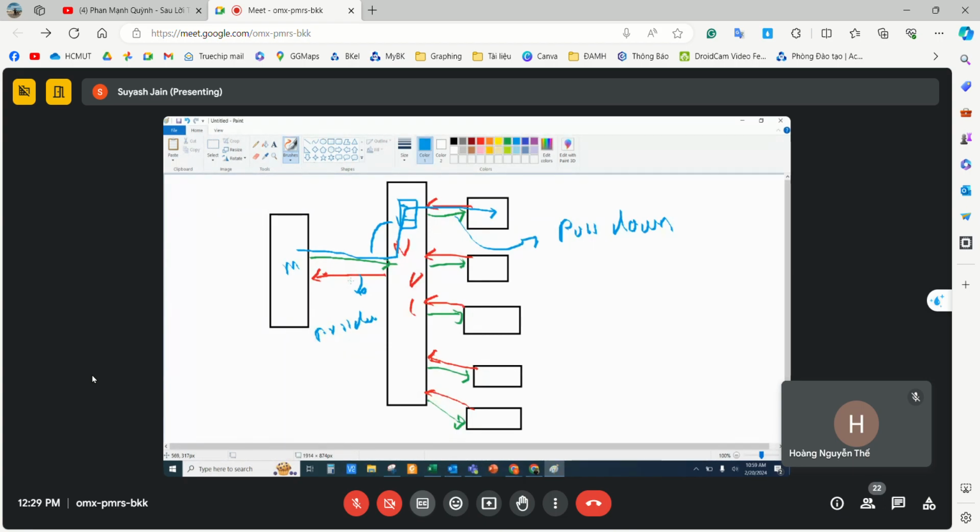Can you explain again? Okay. Green is the valid, red is the ready. The master is sending the transaction, and suppose it is targeting this slave 1. From the master side we are sending the transaction targeting slave 1, and we forcefully pull down this ready to check how the system behaves when one slave is hanged.